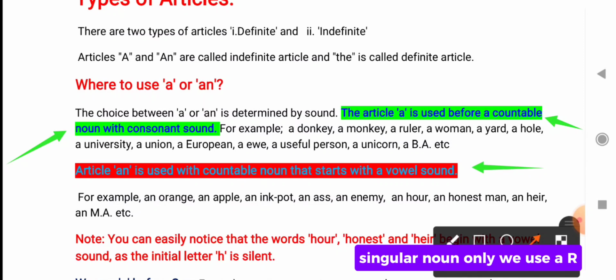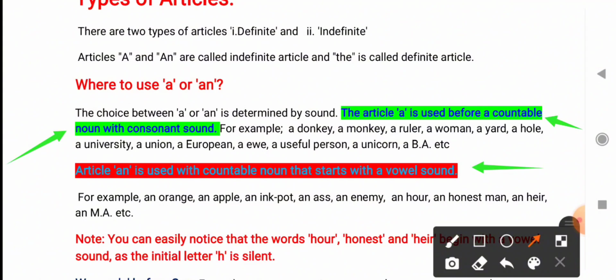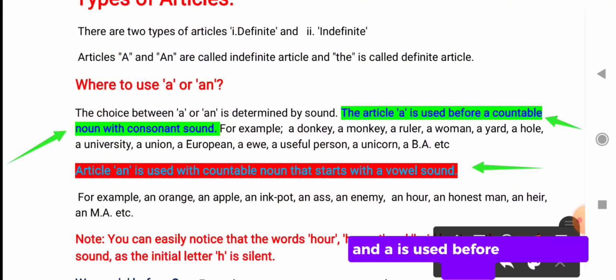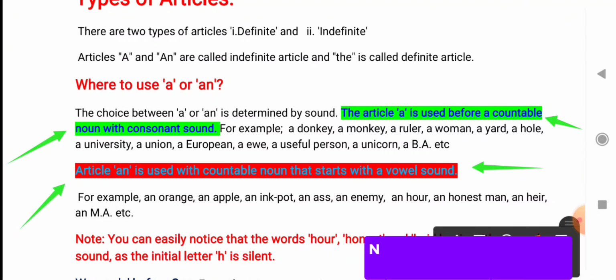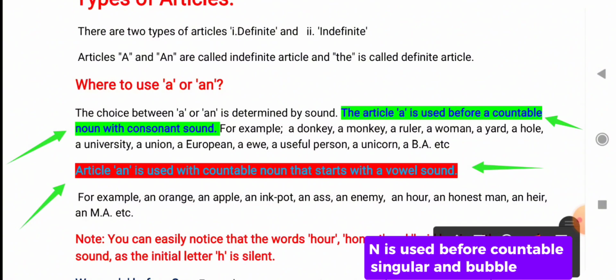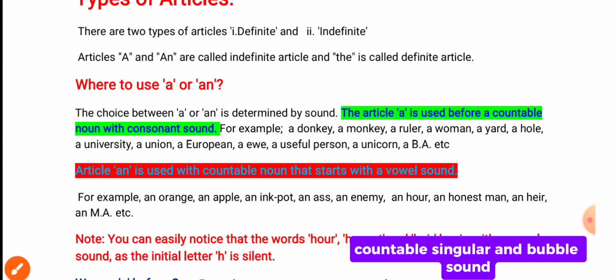We use a or an before a singular, countable noun, and a is used before a consonant sound. An is used before a countable, singular noun with a vowel sound.